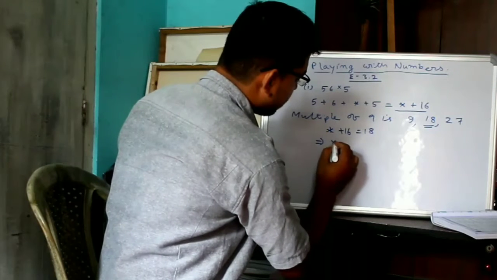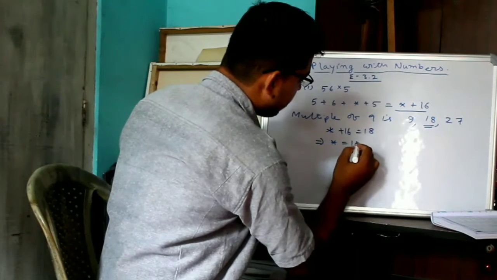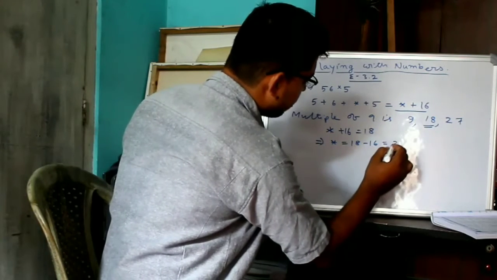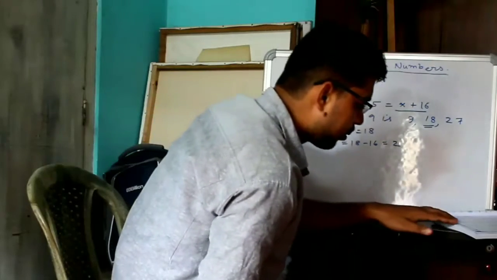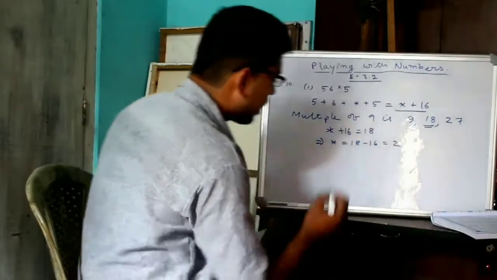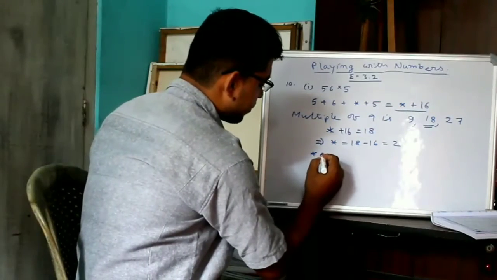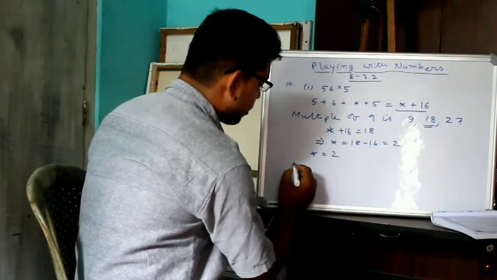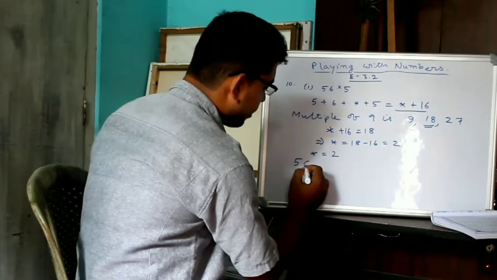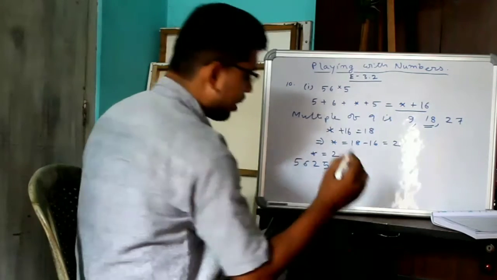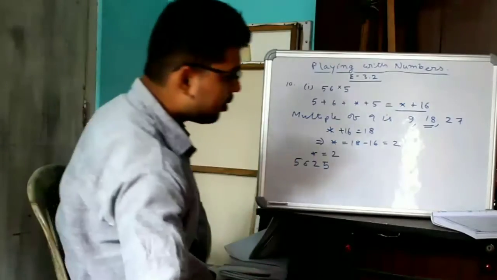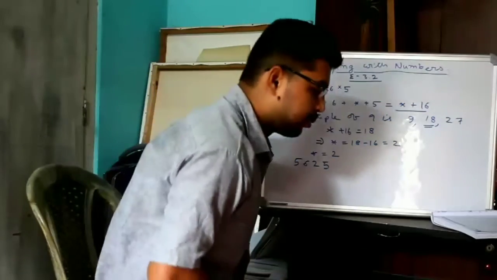Then star equals 18 minus 16 equals 2. So the number is 5625, that is the answer. So this is the simple way.